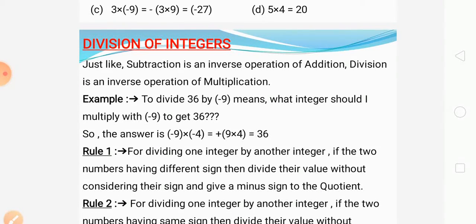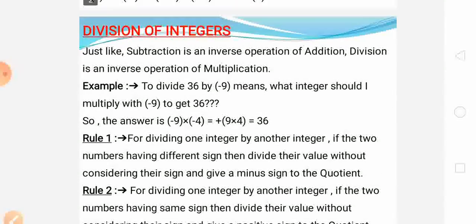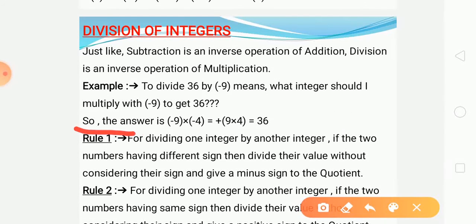For example, to divide 36 by minus 9, it means what integer should I multiply with minus 9 to get 36? So, my answer will be that I should multiply minus 9 with minus 4 to get the answer 36. So, multiplication and division both are inverse operations of each other.